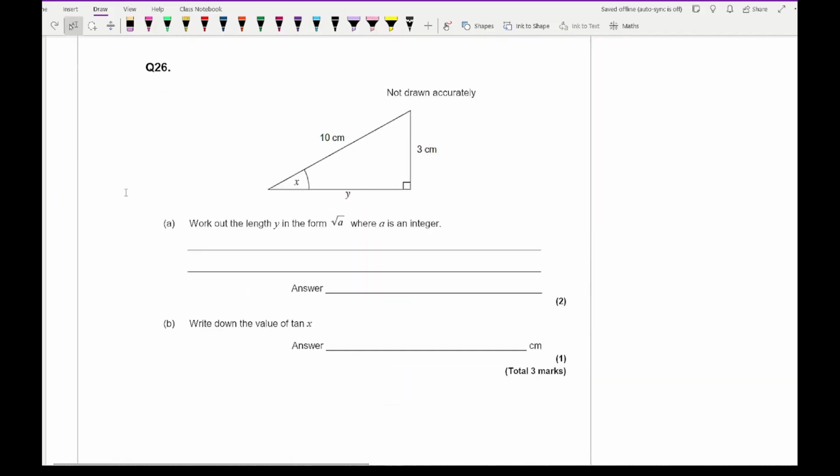Then moving on to our last question. It says work out the length of y in the form root a. So here, I'm using Pythagoras. I've got 10 squared minus 3 squared equals y squared. So I've got 100 minus 9 equals y squared. So y equals the square root of 91.